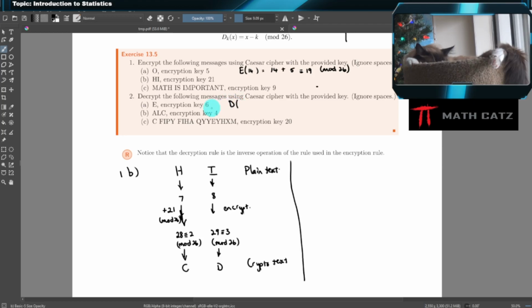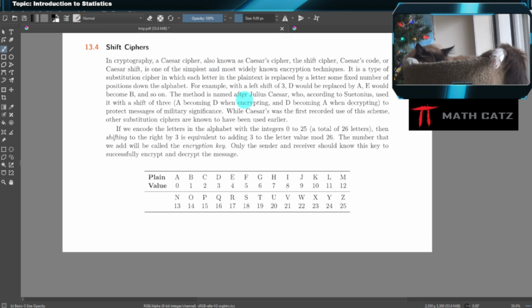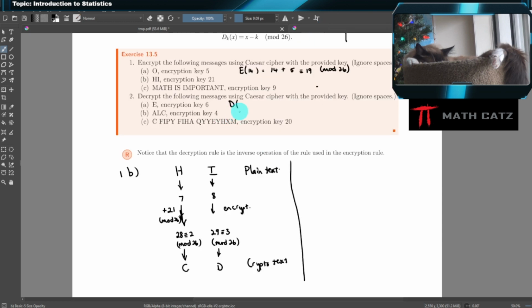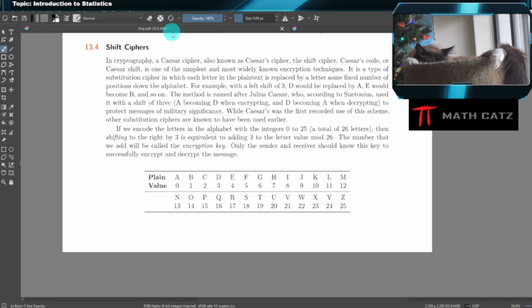So we have to decrypt that letter value that we got, that's 4, by subtracting the key, which would be -2 in our number line, but mod 26, that will be 2 less, so that will be 24, and we can look up what 24 is, and that is a Y.